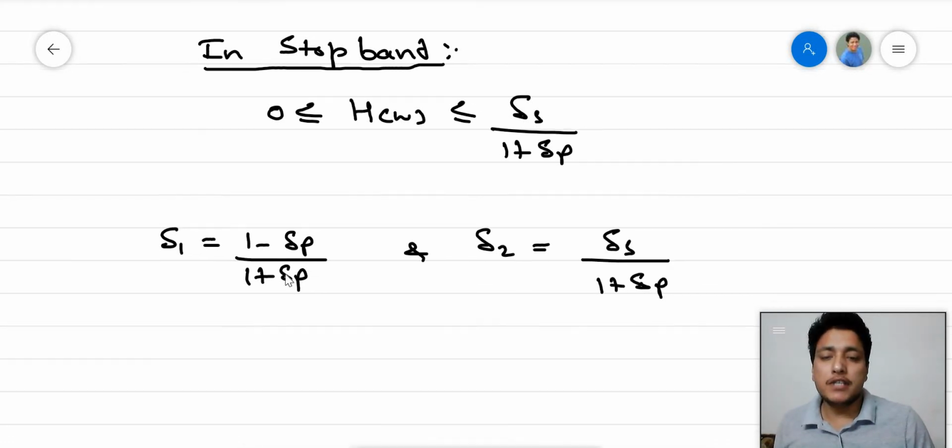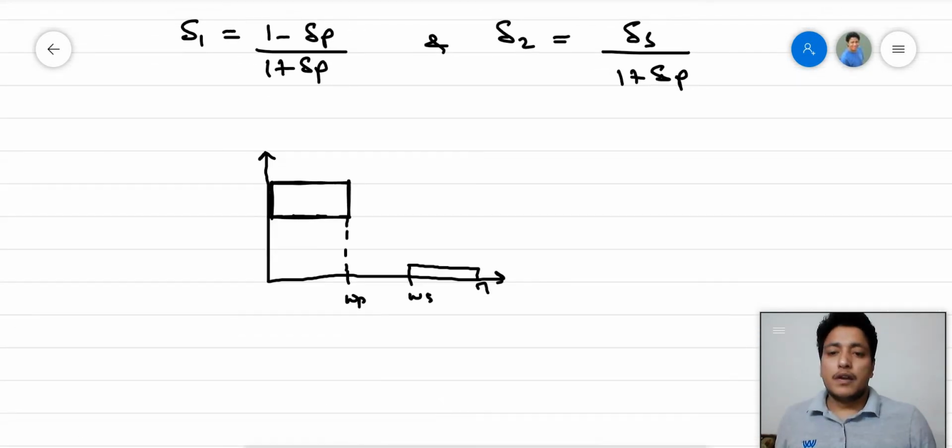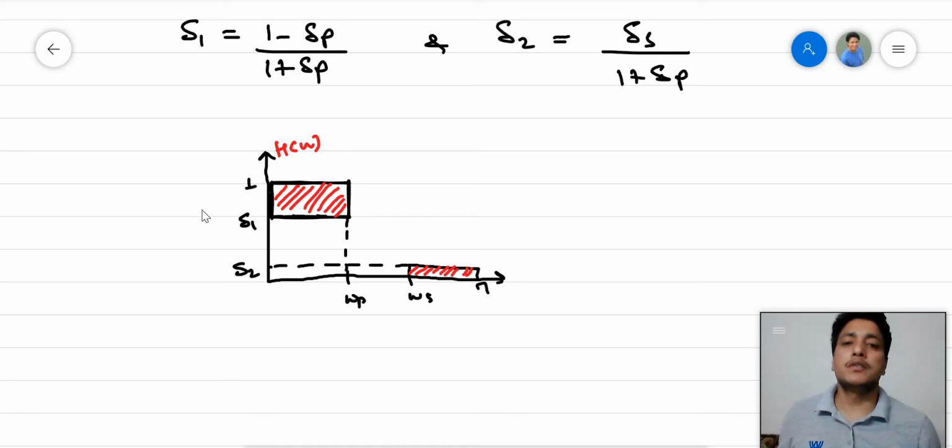Then the frequency response of the filter can be plotted as this, where the pass band is this H of omega and the stop band is this. So this is delta 2, this one is delta 1, and at this point the maximum value is 1.